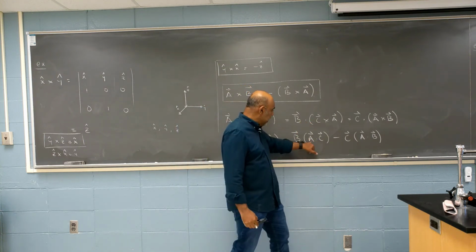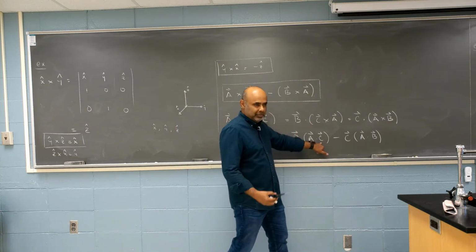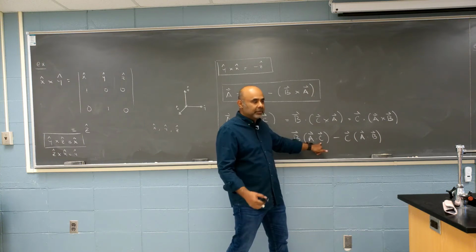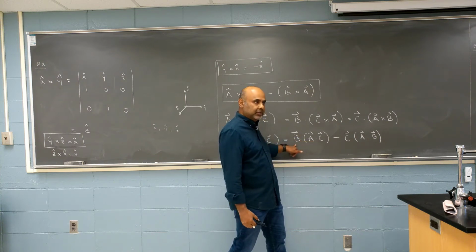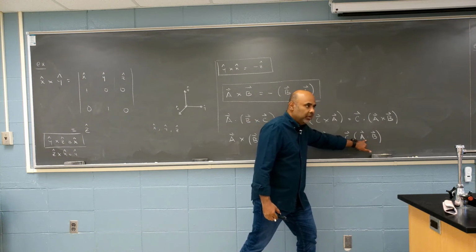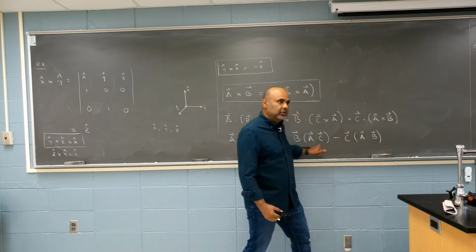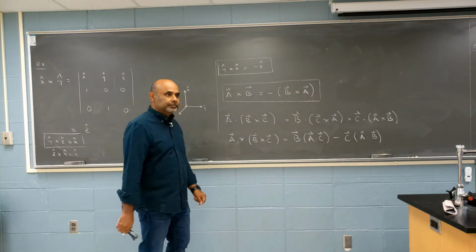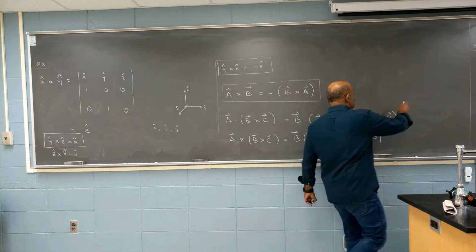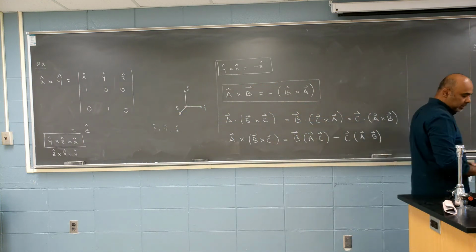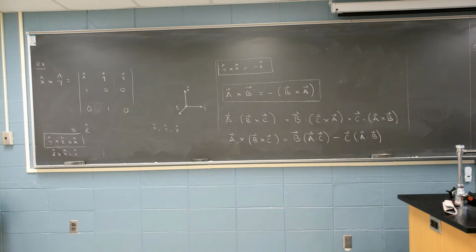That's fine, because A dot C is a number, or it's a function or whatever it is, times a vector, which is a vector. Same thing, this is a function or number times a vector. If I subtract 2 vectors, I get a vector. Okay, so there are things of that nature.